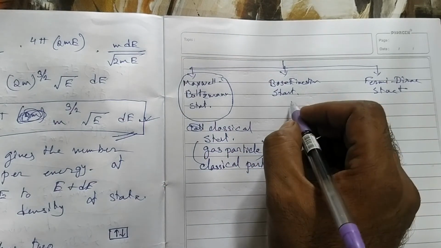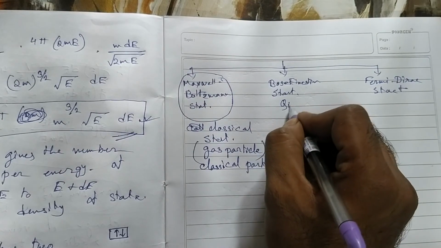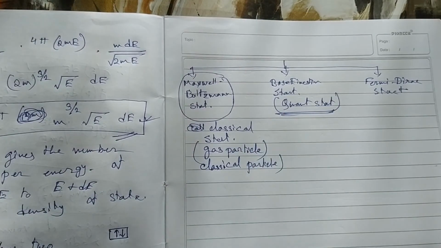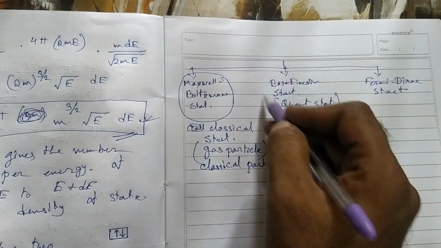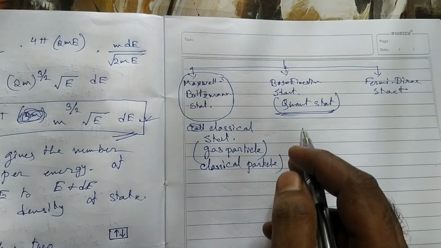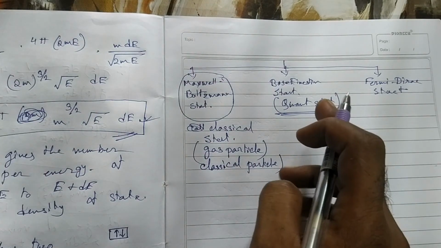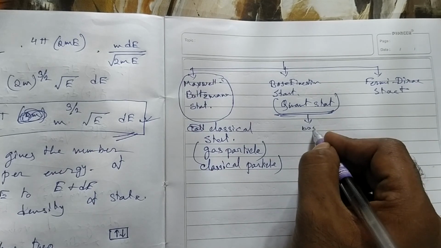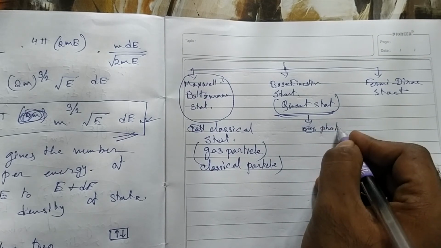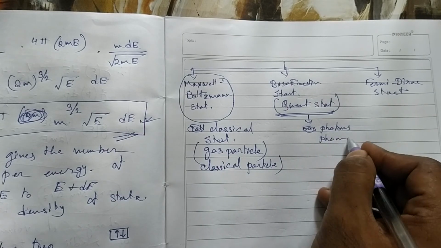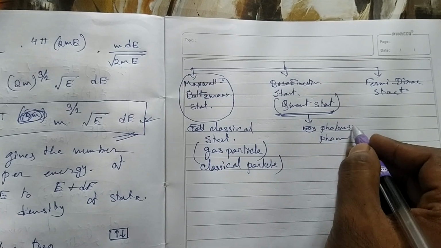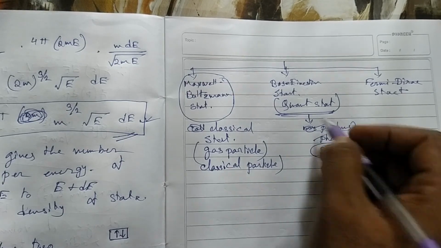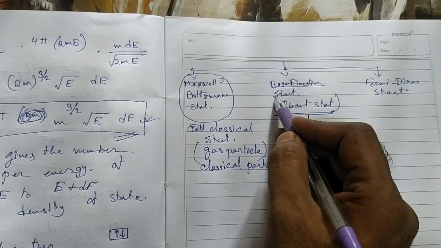Okay, Bose-Einstein statistics is also known as quantum statistics. This statistics is considered for quantum state particles like photons, phonons or gravitons. All are considered bosons. These types of particles follow Bose-Einstein statistics.